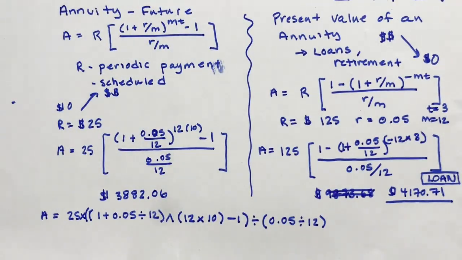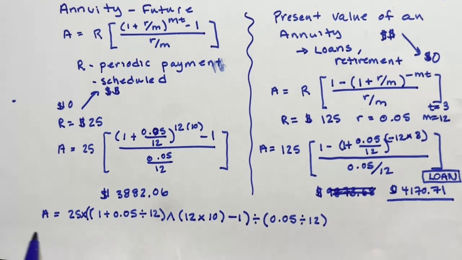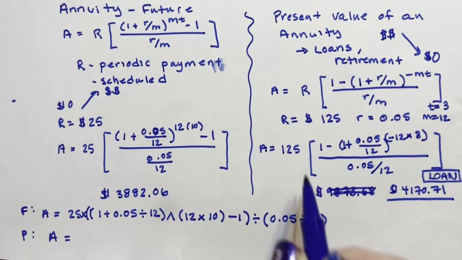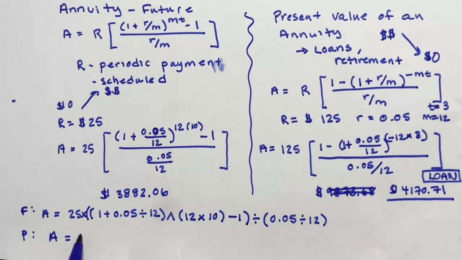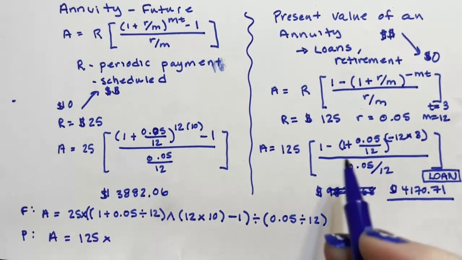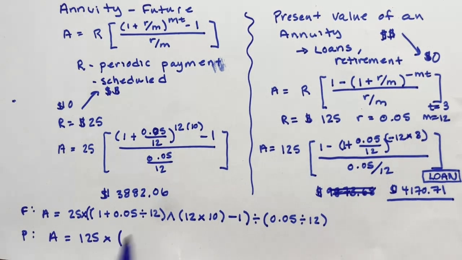All right, because this video is getting way longer than I meant it to be, let's talk about how you put this into a non-fractiony calculator. So once again, this is present, future. Let's talk about the present. A equals 125. We need a parenthesis for the numerator.